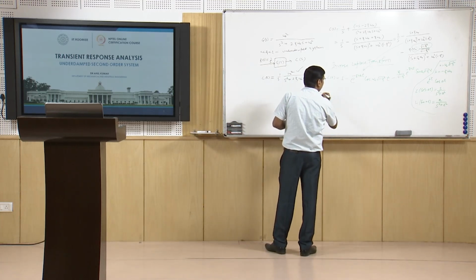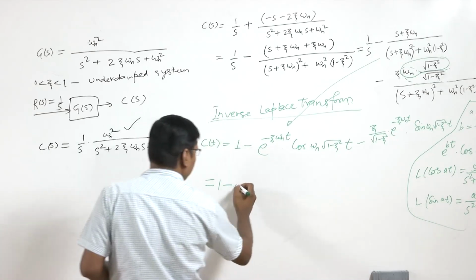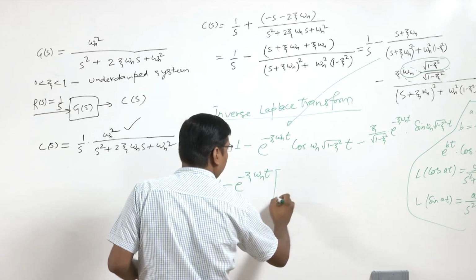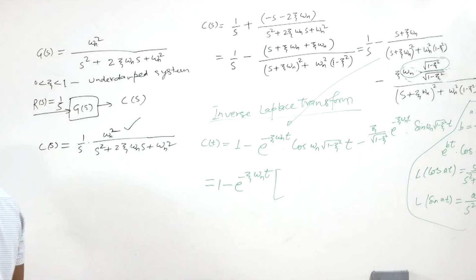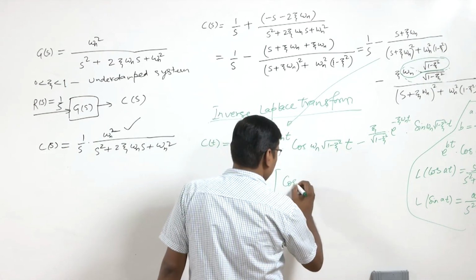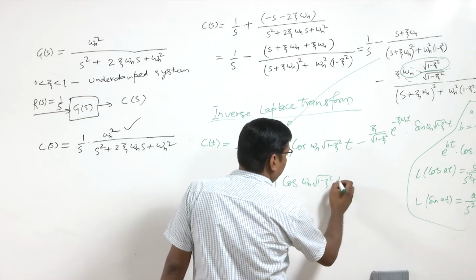Moreover, we can write this as 1 minus e power minus zeta omega n t cos omega n root 1 minus zeta square t minus phi.